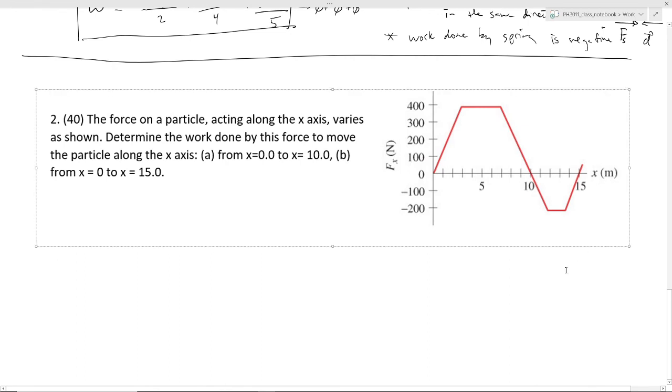So this is a graph that shows you the magnitude of the force as a function of x. And let's read the question. The force on a particle acting along the x-axis varies as shown. Determine the work done by this force to move the particle along the x-axis from 0 to 10 and from x equals 0 to x equals 15.